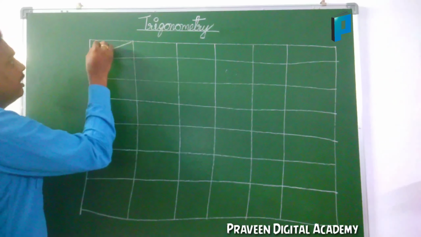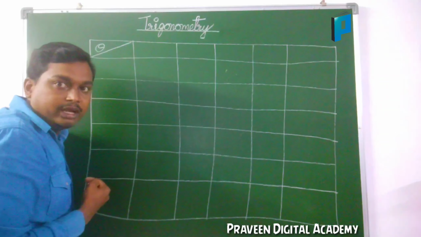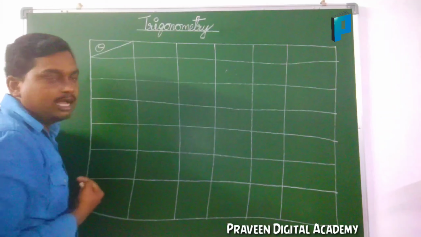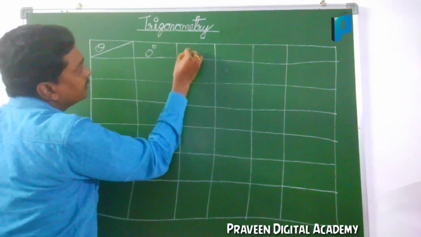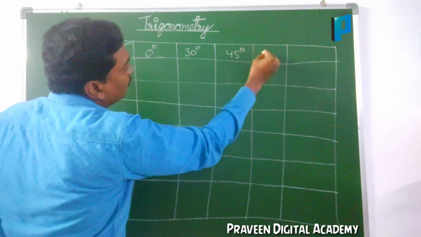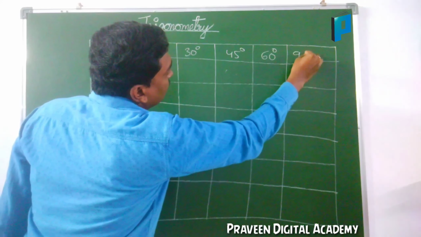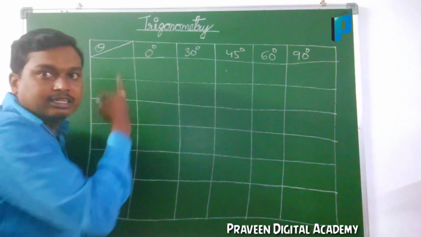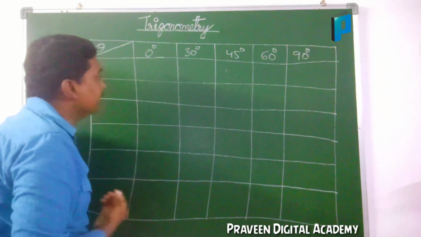Here, we will write theta. Theta is a variable which represents the angle. Here we are finding the angles 0 degrees, 30 degrees, 45 degrees, 60 degrees, 90 degrees. These are the degree values we are finding here.